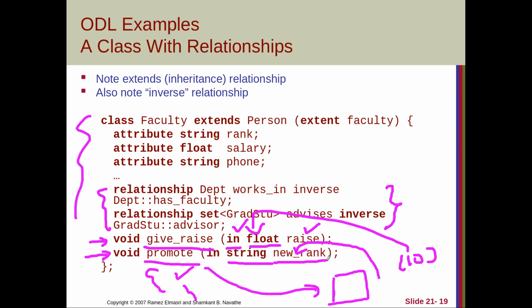So we should have some provision for connecting ODL to an external object oriented programming language. So in association with an external object oriented programming language only, we can have the execution of an object definition language. I hope it is clear.